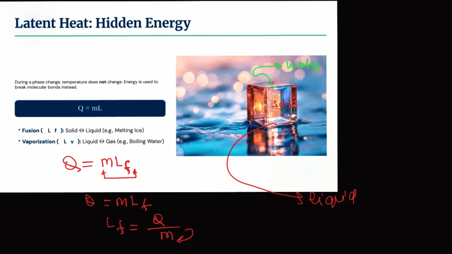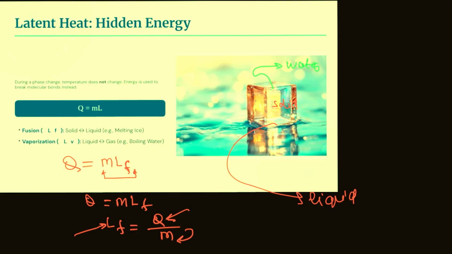If we have to change the state of 1 kg material, whatever heat is required, that is LF. If I take 1 kg ice and convert it into water, whatever amount of heat I have to give, that heat is called latent heat of fusion. Why fusion? Because you're converting solid to liquid.